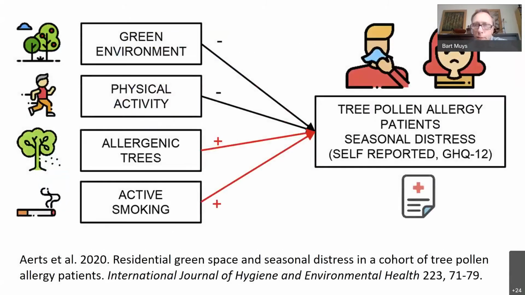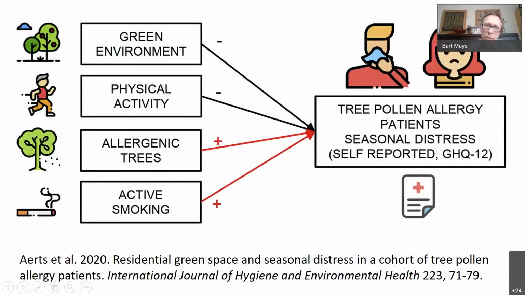There are two recent studies that took place by colleagues of mine in my division. The first is a static study, which looked at self-reported distress by tree pollen allergy patients.